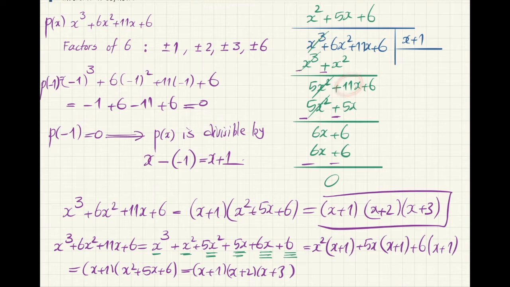It's already here for me. You see 5x and 6x. So I really did this immediately using this. Otherwise, if this was not in front of my eyes, I would not have been able to do it so quickly as I did it right now. Okay? So I hope that you understood that this method is indeed useful.